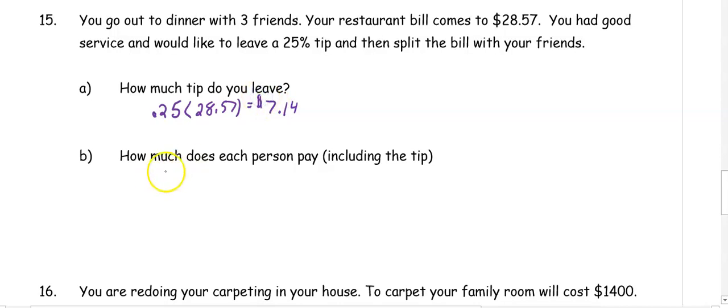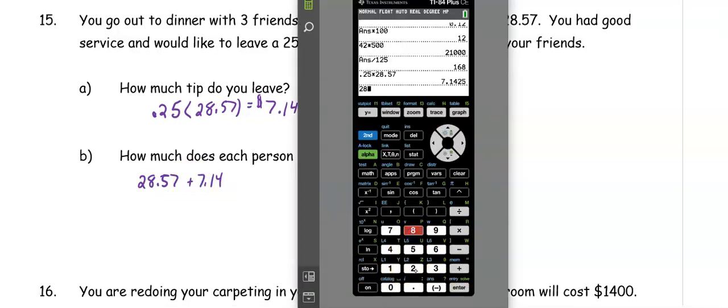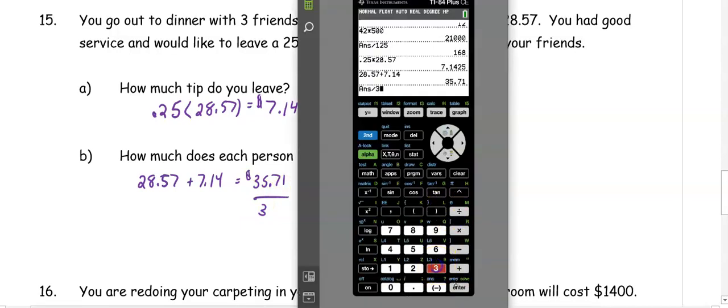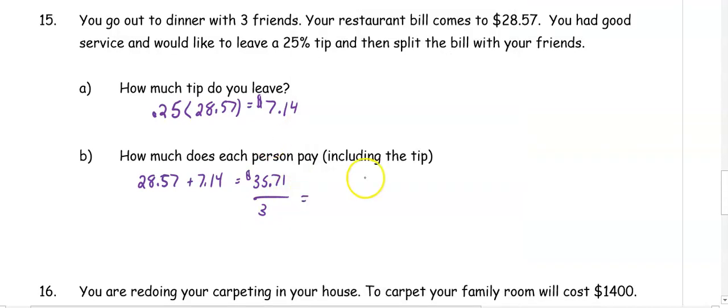So how much should each person pay? Well, we need to add those together to get the total bill. We get $35.71, but then we have to divide that by 3 people. So when we divide that by 3 people, each person paid $11.90.